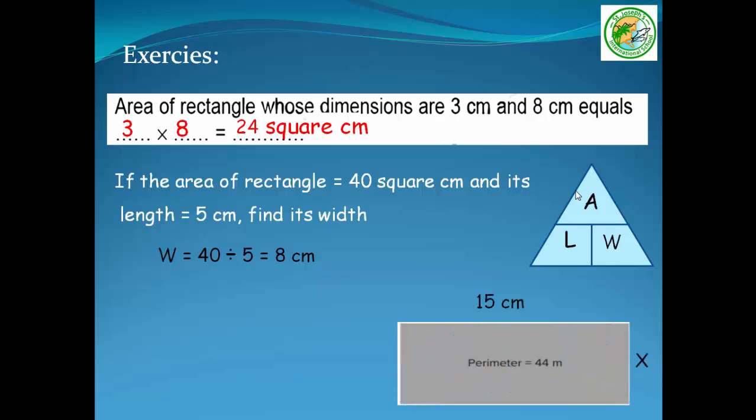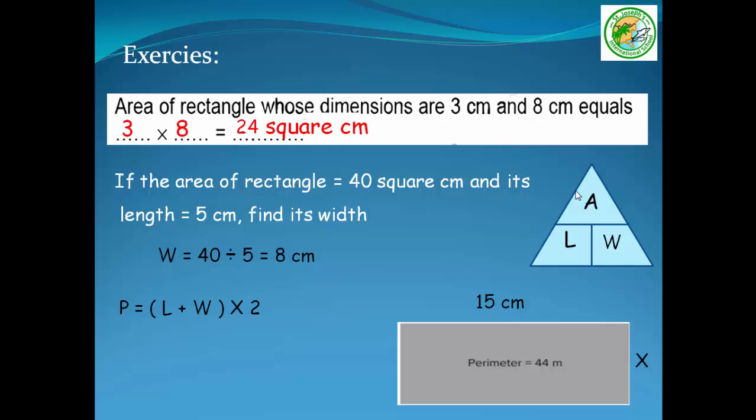Another one. We have here a rectangle, its length equals 15 centimeters and its width is unknown. We don't know the width of this rectangle, but we know the perimeter equals 44 meters. What will we do to get the width?